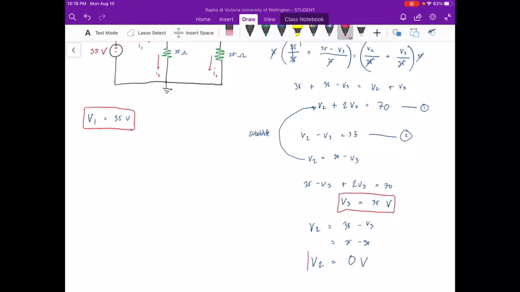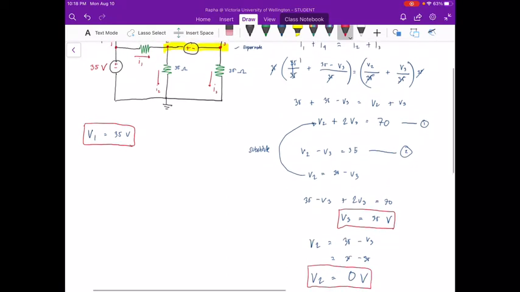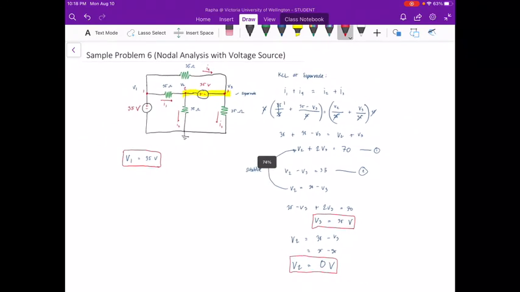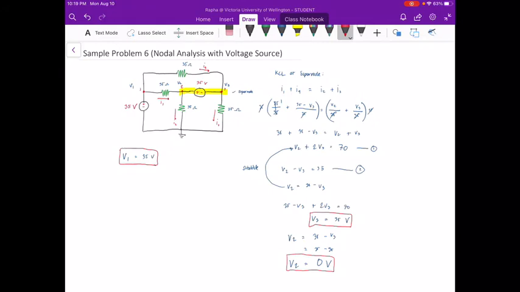So that's a bit surprising. No volts registered at node V2. So there we have it, our 3 node voltages. The solution is quite short compared to not having any sort of voltage source. So that's your sample problem.